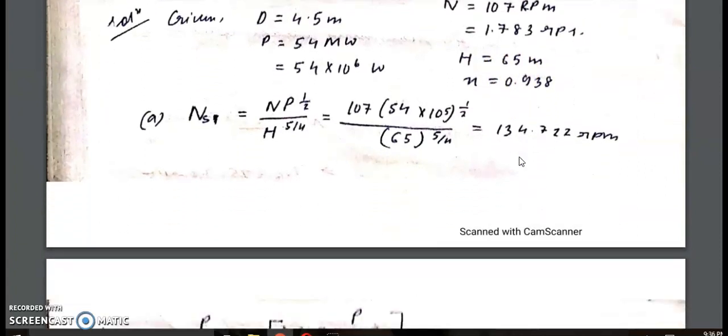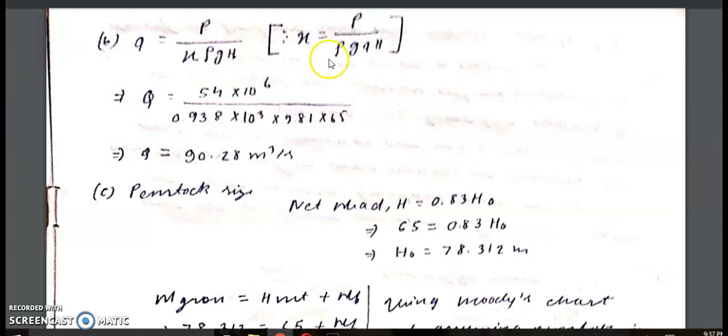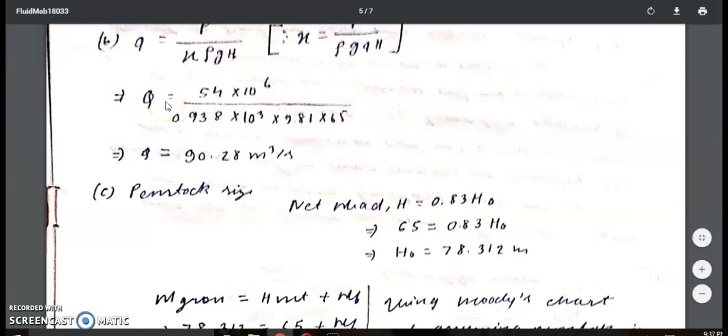So applying the formula, we get the specific speed as 134.72 rpm.